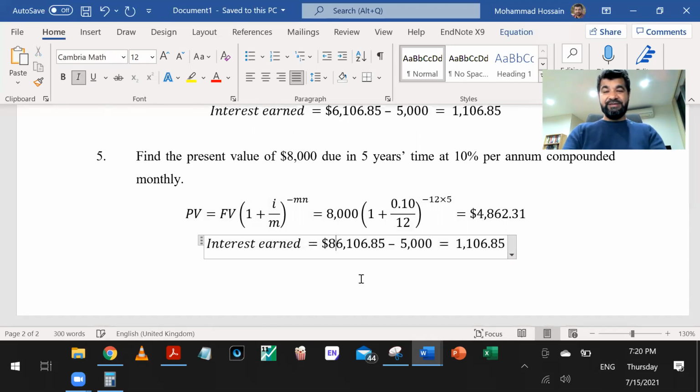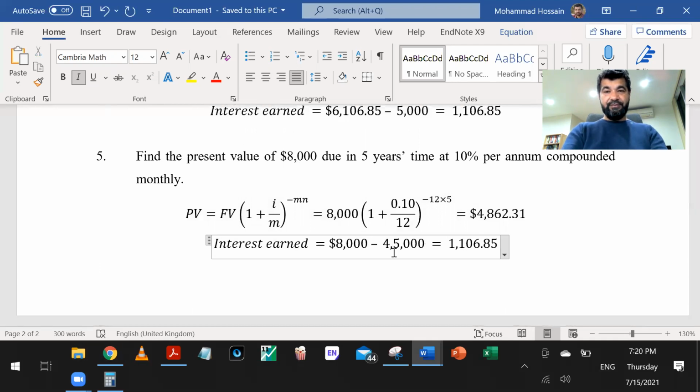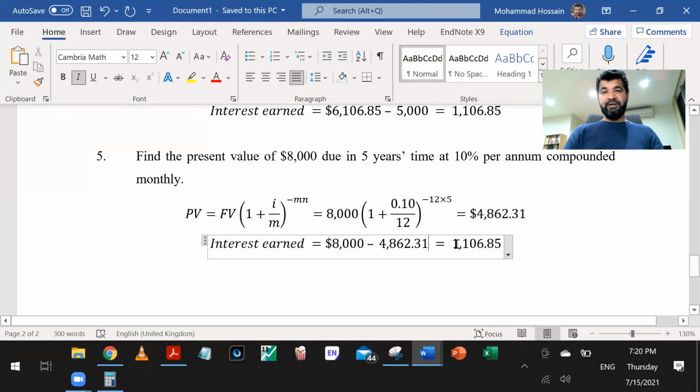But since you're calculating present value, what is the value at this moment? 8,000 minus 4,862.